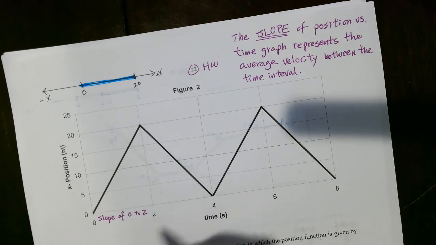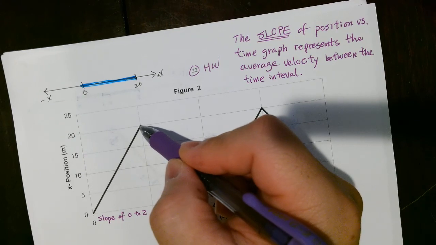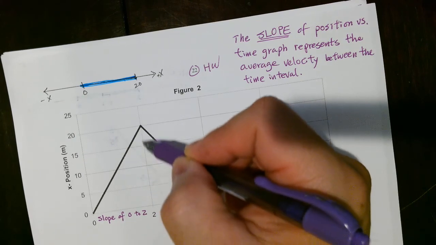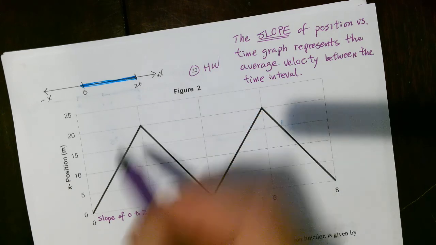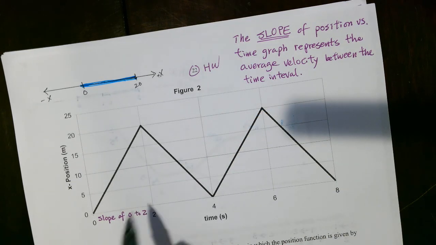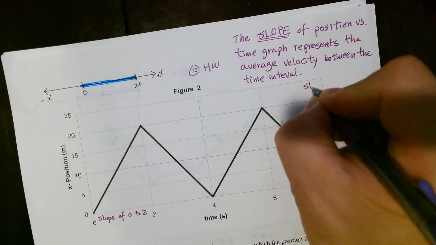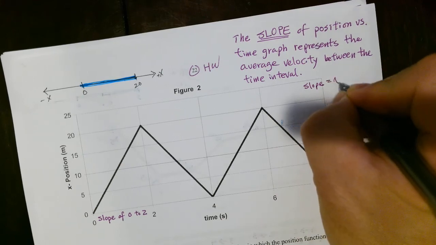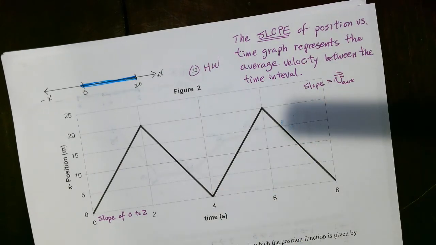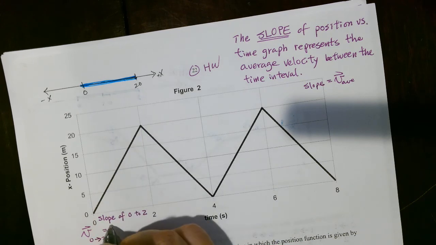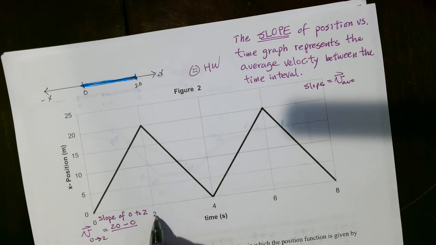Well, we find the slope by doing rise over run. So rise is this, which is delta x, over run, which is delta t. So since slope represents v, my v between 0 to 2 seconds is equal to 20 minus 0 over 2 minus 0.